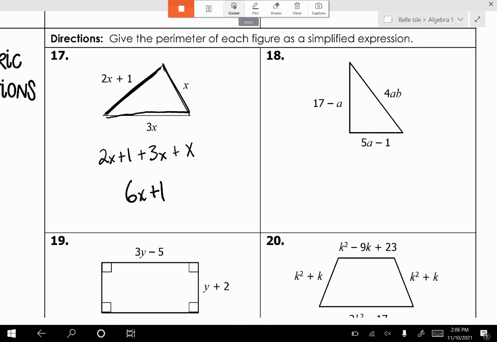Try to expand your minds to looking at 2x plus 3x plus x and doing them all at the same time, because otherwise you're going to forget to tag on that last part. Think of them all together, or mark them in some way. If I have all my x's, I'm going to mark them with 1 underline, and my constants with 2 underlines, so I can keep track and make sure I don't lose my place.